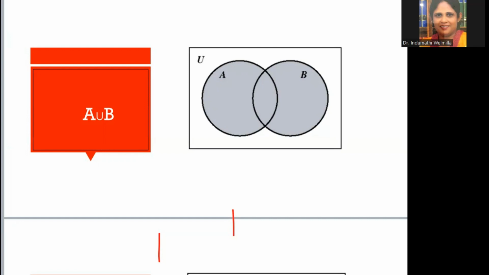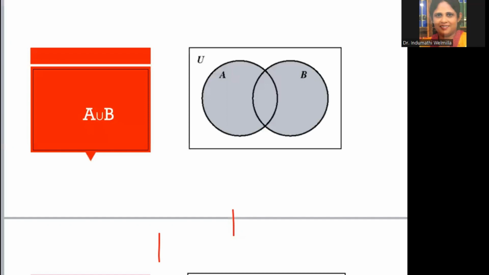Now, union. The union of two sets we can represent with the Venn diagram this way, right? You can see the rectangle here. This rectangle denotes our universal set.